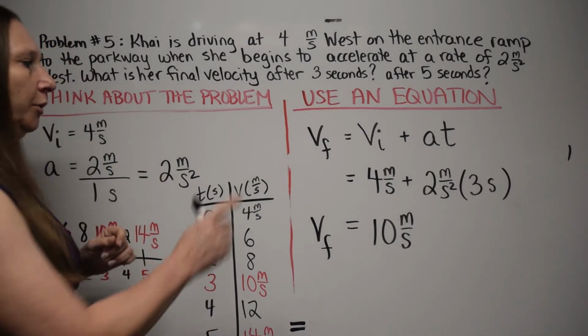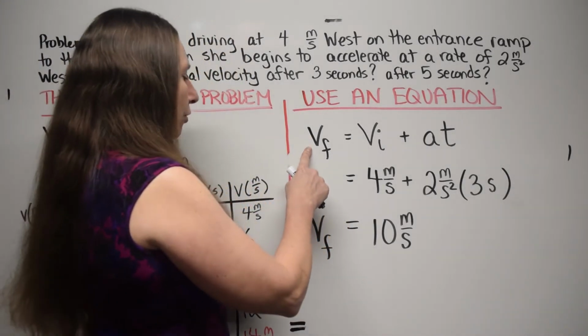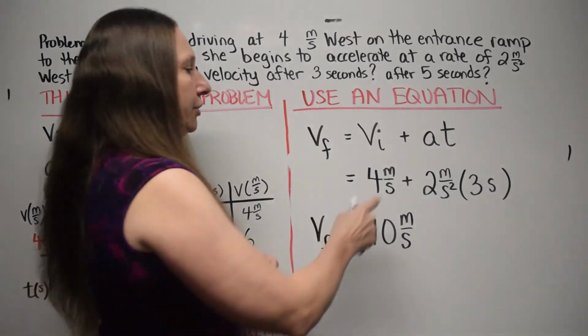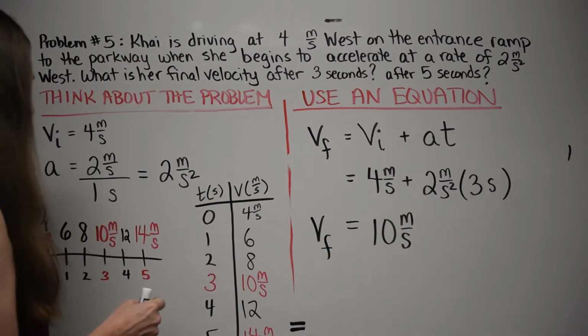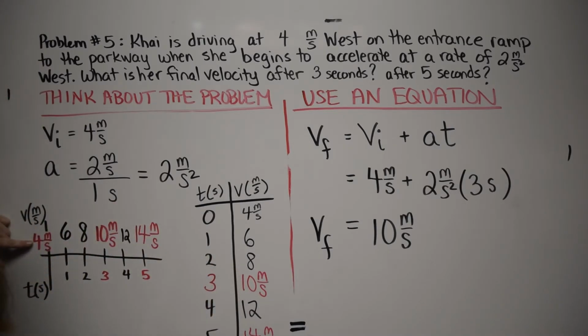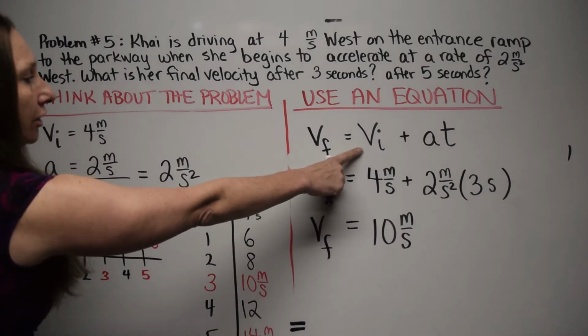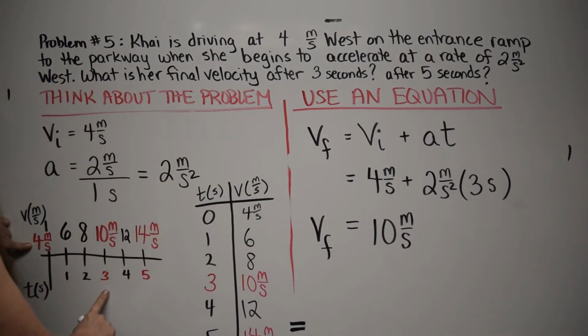Let's see what happens when we plug into an appropriate equation. So, we know that the final velocity is equal to the initial velocity plus a times t. All right? We got our answer 10 here by starting with a velocity of 4. Start at 4, and then you're going to add 2 times 3.